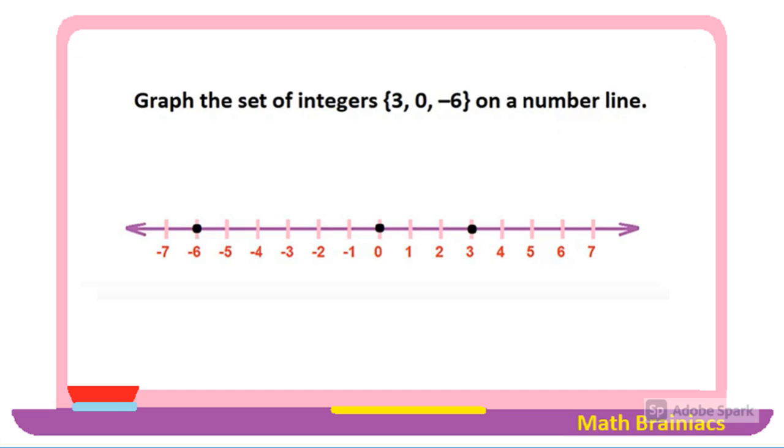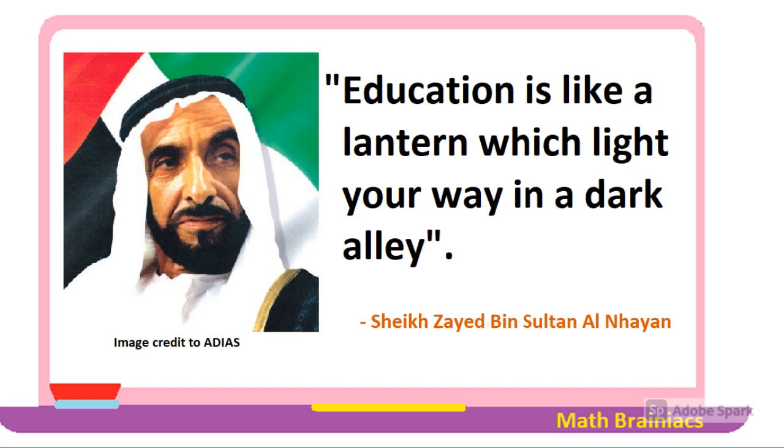It is easy. To conclude our lesson for today, I want you to always remember what His Highness Sheikh Zayed bin Sultan Al Nahyan, may his soul rest in peace, wrote for us. Education is like a lantern which lights your way in a dark alley. Sheikh Zayed wrote and left this quote for us so that the youth will always remember the importance of education.